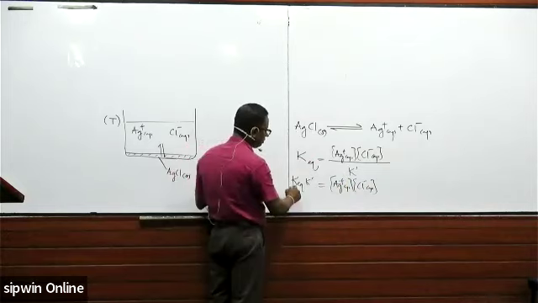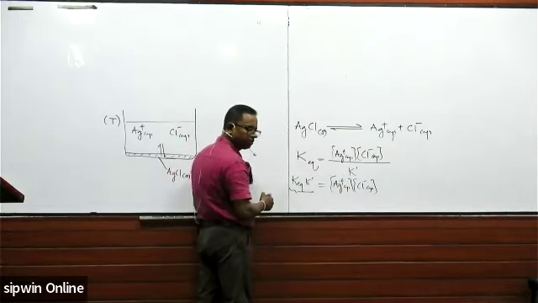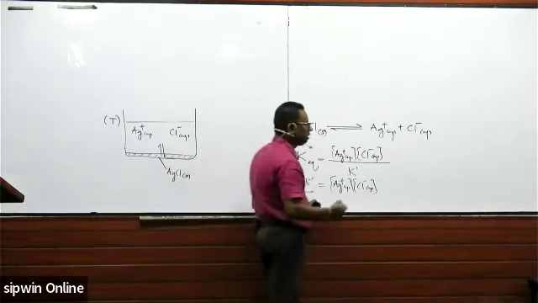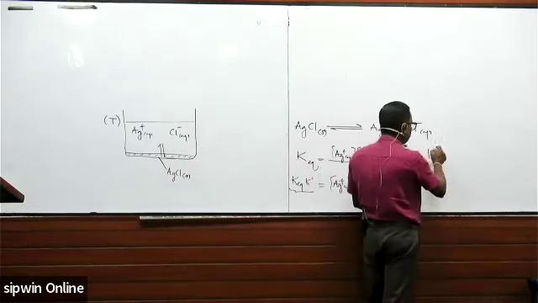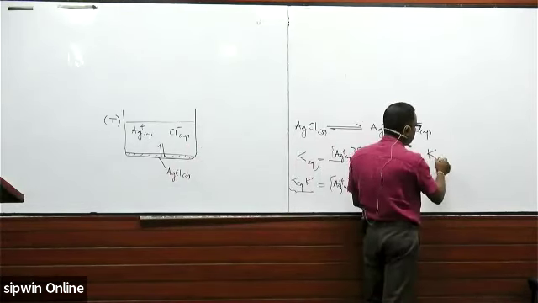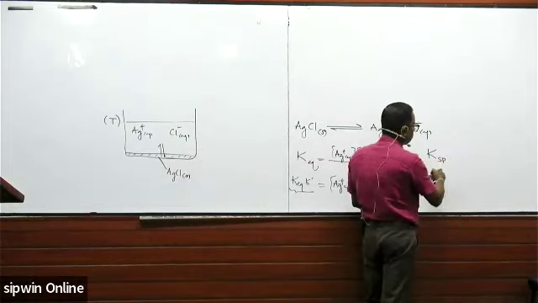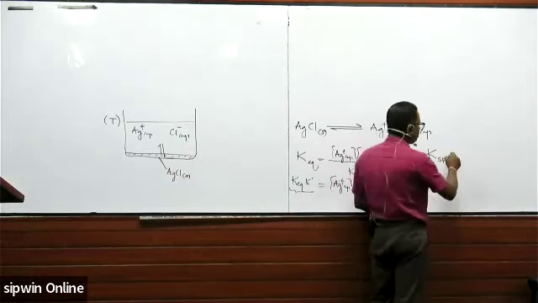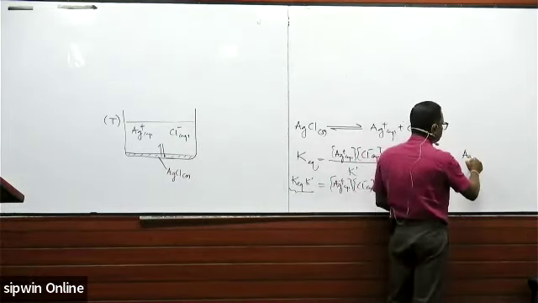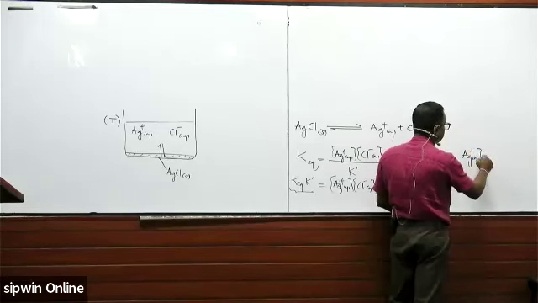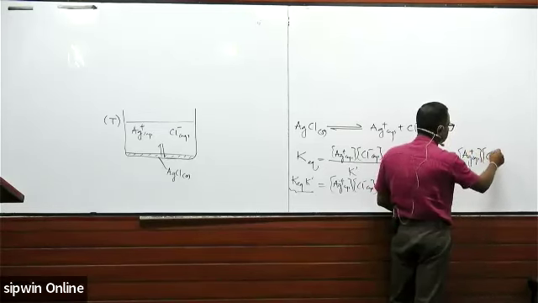Instead of all these constants, here we write K, capital S, capital P, subscript SP: KSP equals Ag+ times Cl-.